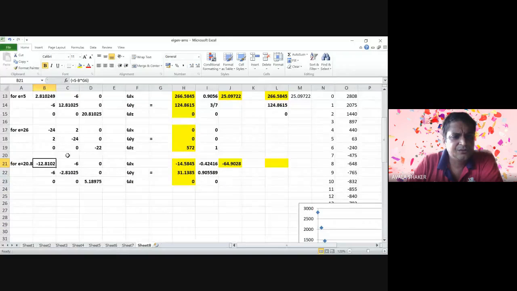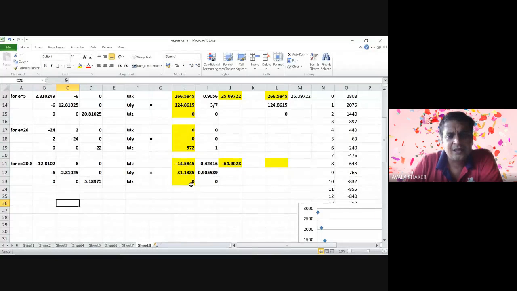So you will get this. Again use the Cramer rule and calculate the angle. Now this angle works out to be minus 64.9, that is almost 65. So how much is the difference?